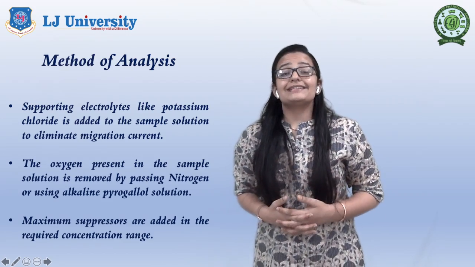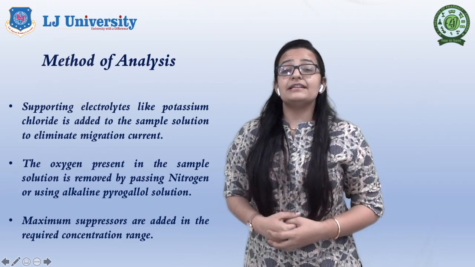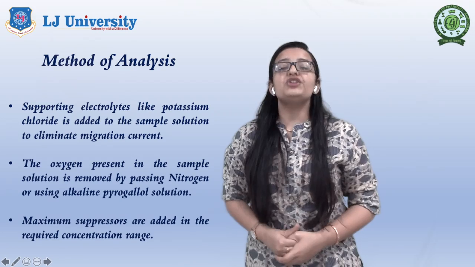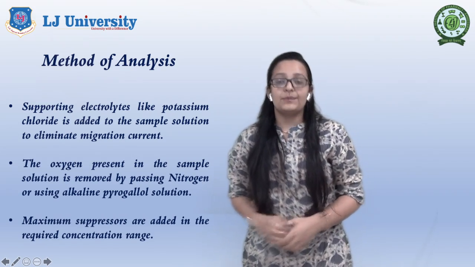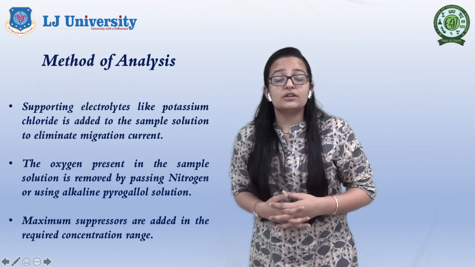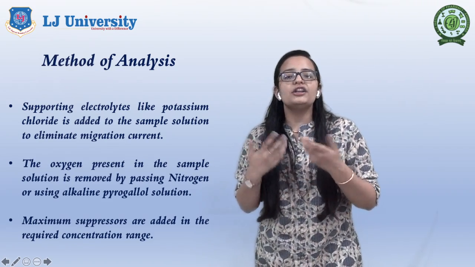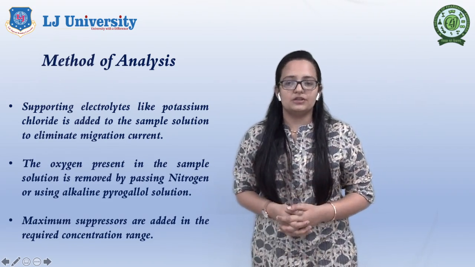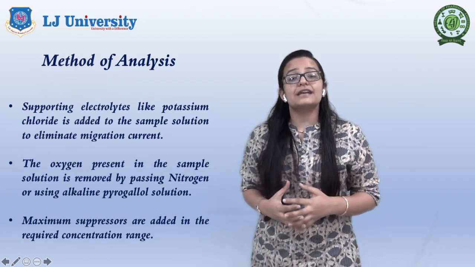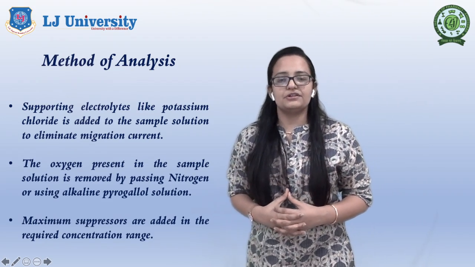Supporting electrolytes like potassium chloride are added to the sample solution to eliminate the migration current. The oxygen present in the sample solution is removed by passing nitrogen gas or using alkaline pyrogallol solution. Maximum suppressors are added in the required concentration range.